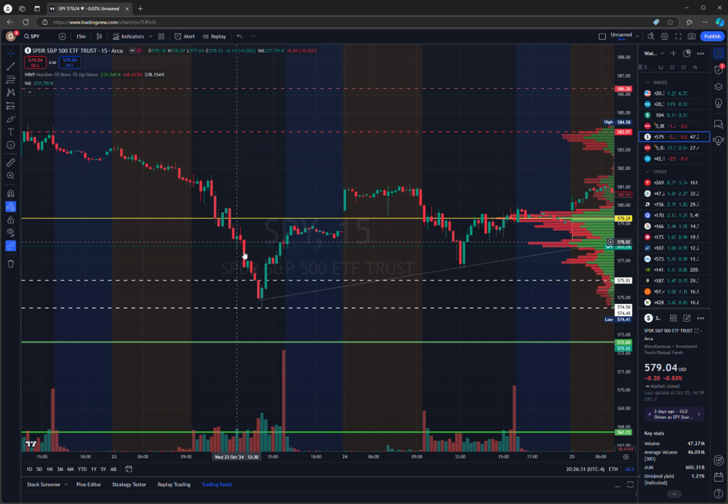Price comes down and falls into that zone, and then look at this volume. The volume inside the zone, like these 3 bars, inside that zone and then leaving that zone were higher than the entire opening hour.